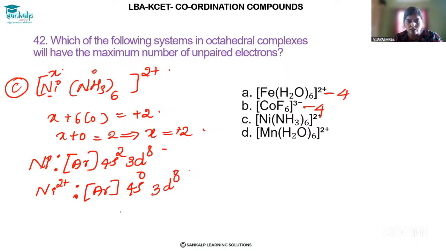So how many unpaired electrons? 1, 2, 3, 4, 5. 5 electrons are accommodated. Remaining 3 electrons I have to pair up. 1, 2, 3 like this.